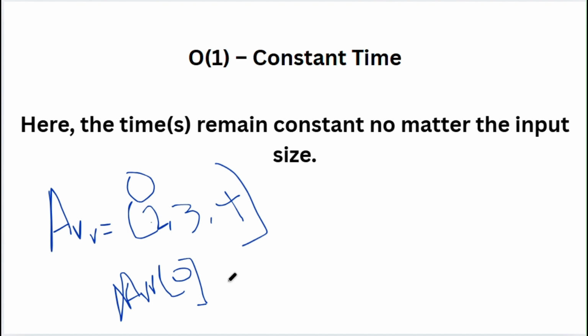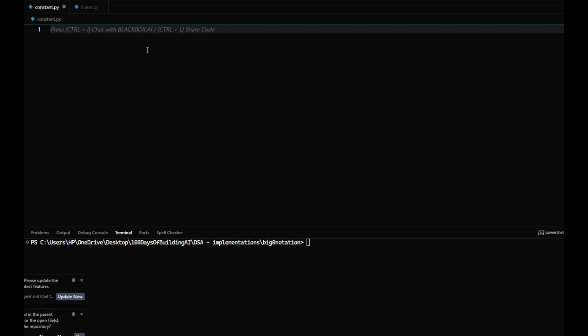We always count the first 10 pages. So that's how constant time is. The time remains constant no matter the input size. Even if the input size grows really, really large, the time always remains constant. It has a constant of 1. That's the O(1) in Python.